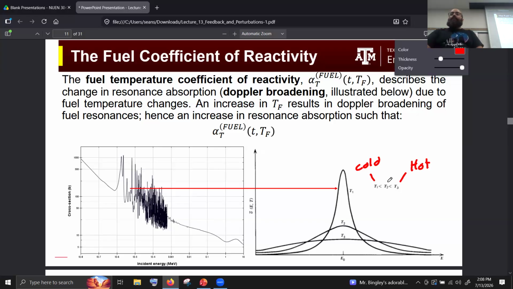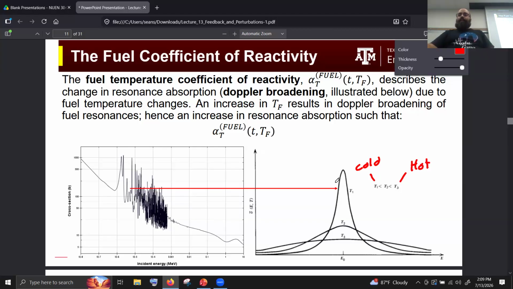As you increase temperature, the peak of that resonance decreases, but the resonance itself broadens. That's what we mean when we say Doppler broadening. Physically, these resonances are widening as temperature increases. And these resonances are where we get parasitic capture of our neutrons. It's where they get absorbed and don't end up causing a fission.